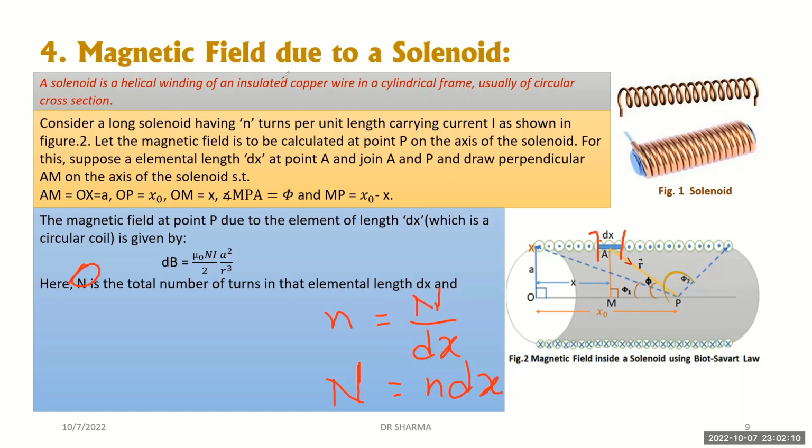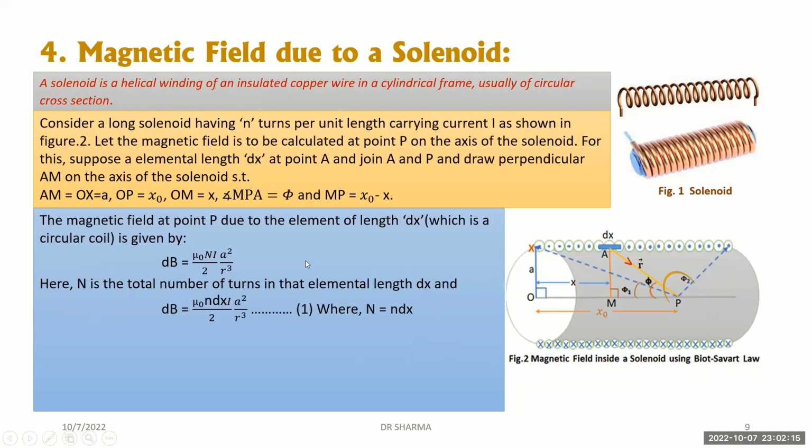So the above equation is converted to this one: dB is equal to mu naught n dx I a square upon 2r cube. Just capital N is replaced by small n dx.